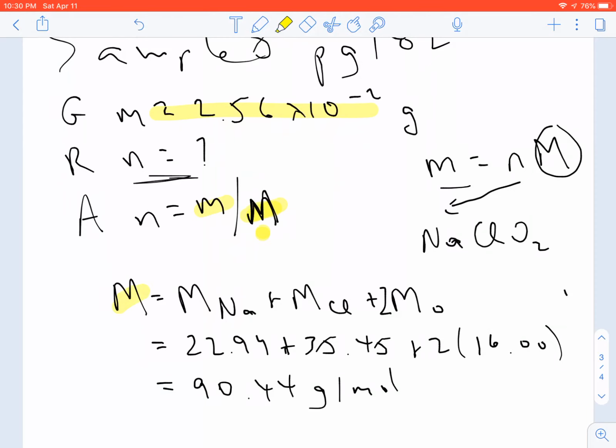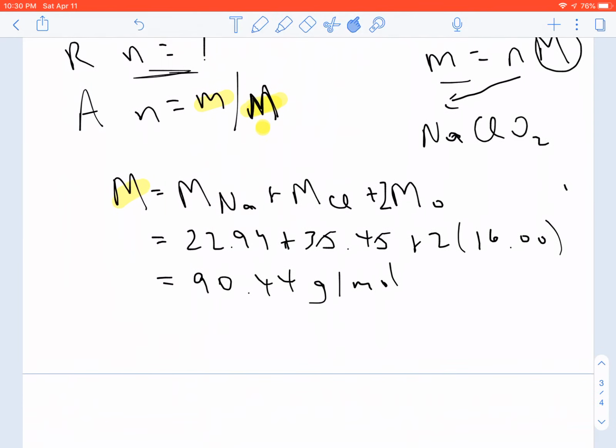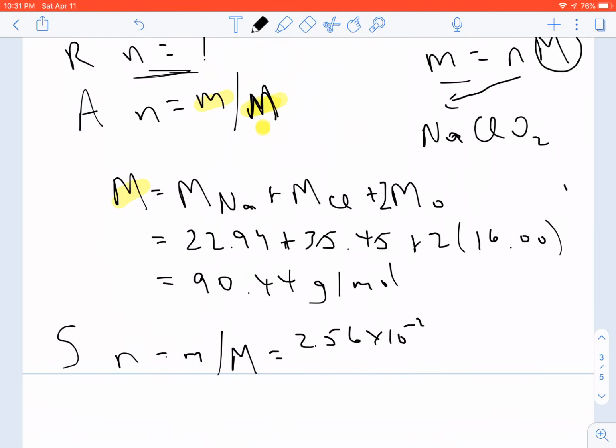So now I can go ahead and I can solve my problem. Okay, the problem was, what is little n? Right, little n is equal to, so let's substitute in, little n is equal to little m over big M. The little m was 2.56 times 10 to the negative 2 divided by big M, which is 90.44.